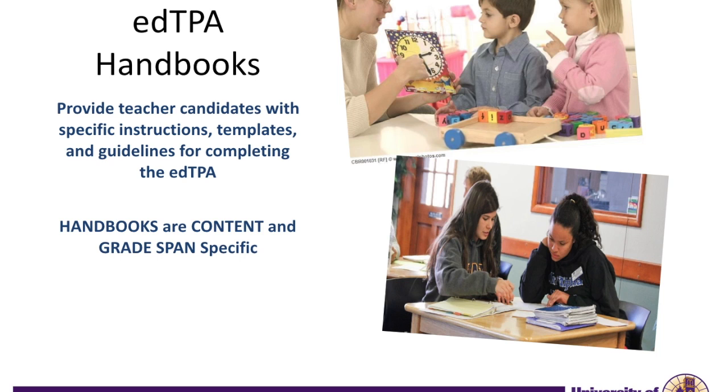A high school language arts teacher would have a different handbook and rubrics than the high school mathematics teacher. All of the elementary teachers at UNI must select one of two edTPAs to complete: elementary literacy or elementary mathematics.